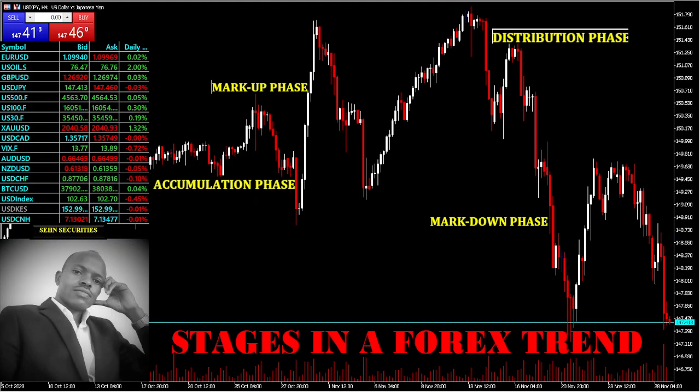So basically, this phase begins when the market trend has reached its peak, and professional traders are increasingly taking sell positions.